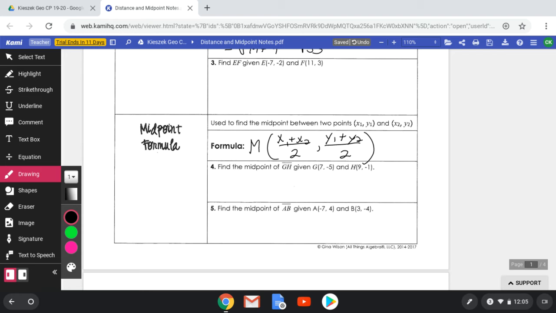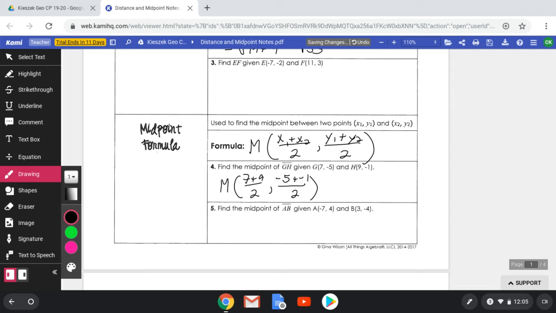So your final answer isn't going to be just x equals or y equals. Your answer is a point, x comma y. If I look at number 4 here, it says find the midpoint of GH given those 2 points. The midpoint is just going to be adding the x's, so 7 plus 9 divided by 2, and then adding the y's and dividing by 2.